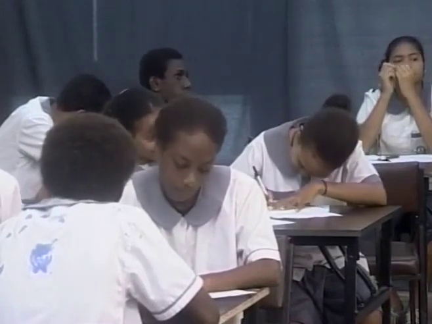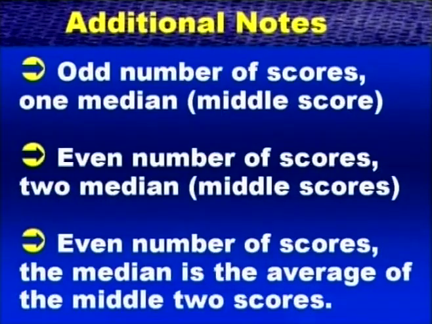Some additional notes that you must consider when you are finding median. I'd like you to look at the screen. There are 3 points or 3 notes there. Odd numbers of scores, 1 median, middle score.